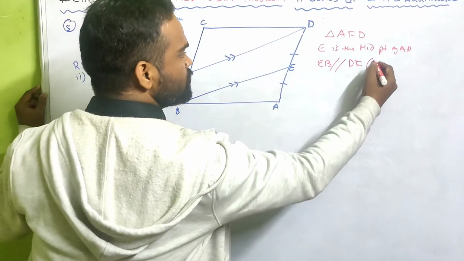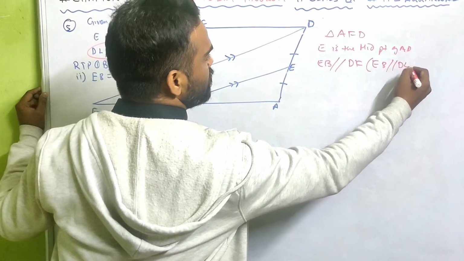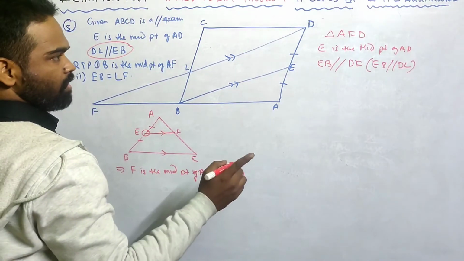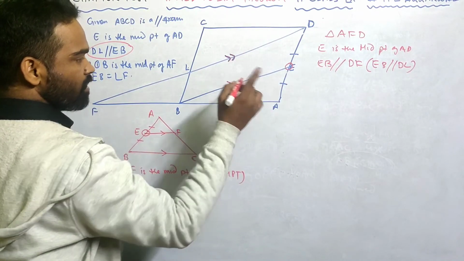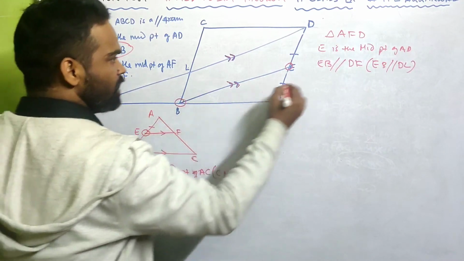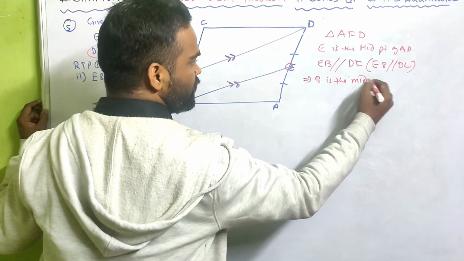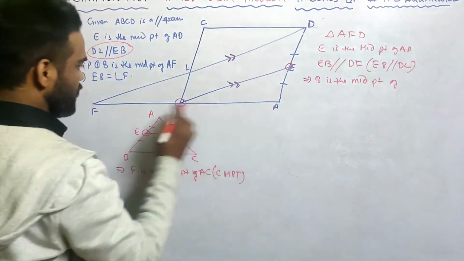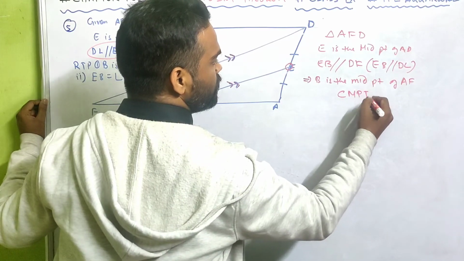Yes or no? That is given to us. Now, this is the midpoint. These two are parallel, which means by the converse of the midpoint theorem, B is the midpoint of AF.